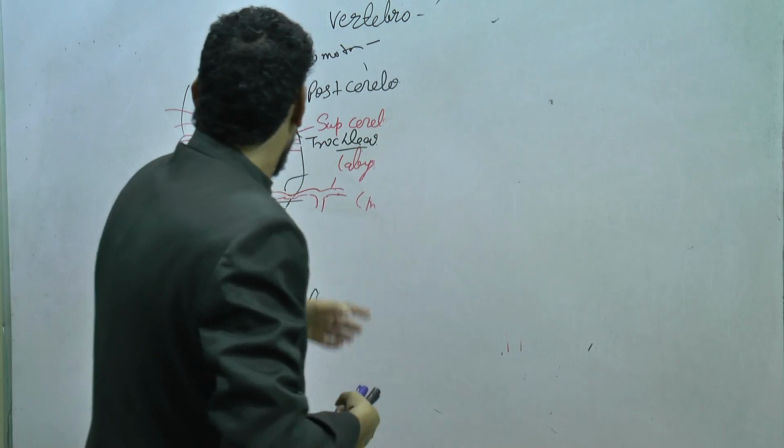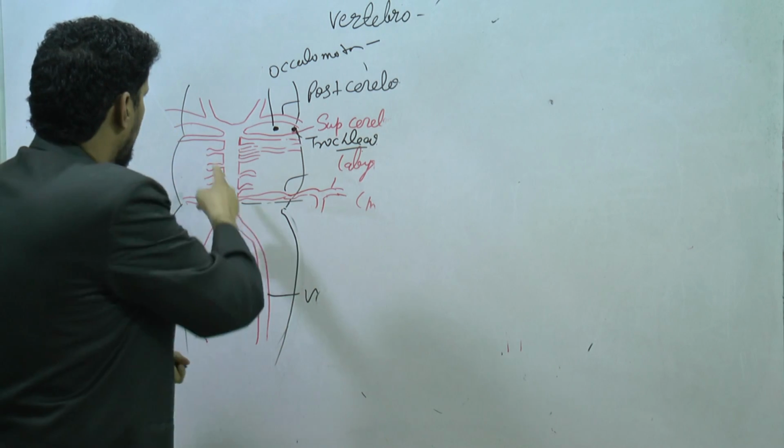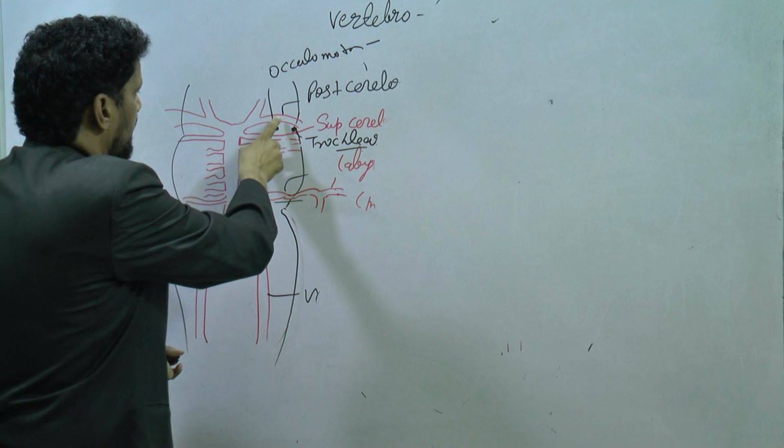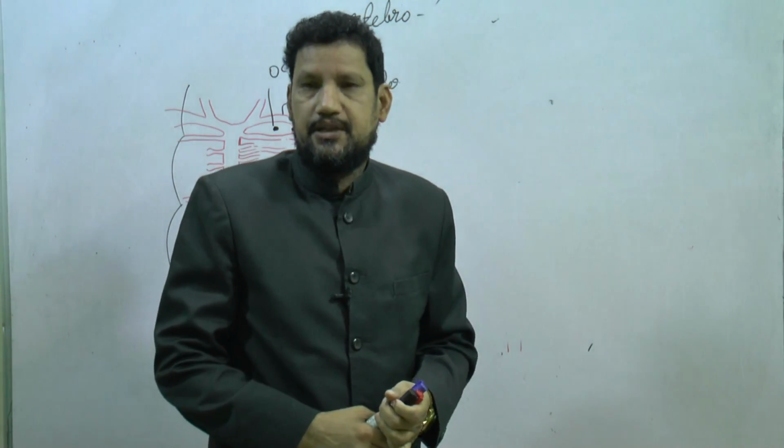So here we can see the termination of the basilar artery and formation of the right and the left posterior cerebral arteries.